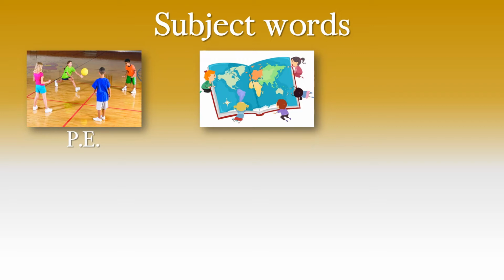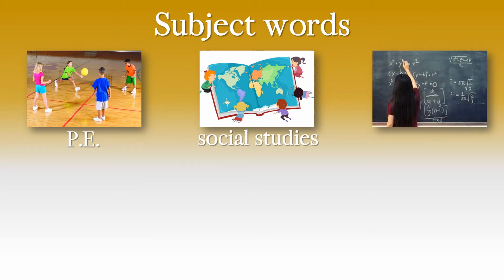What is this? Social studies. Now this girl is trying to find an answer, isn't she? She's trying to find an answer to a problem using numbers. What is this subject called? Math.